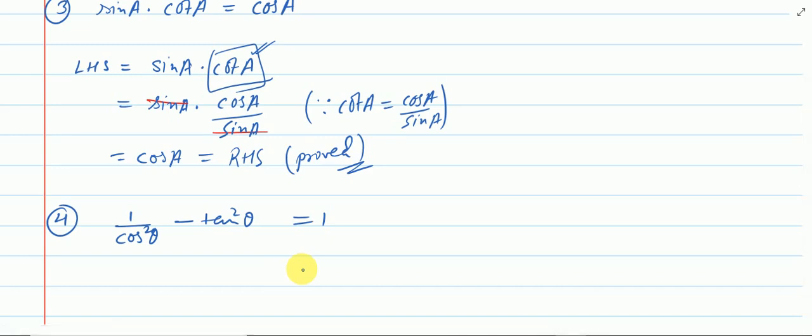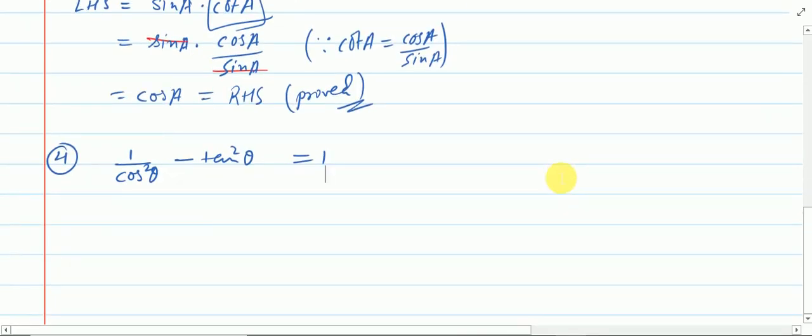It completely depends on you how you're going to make use of those identities to simplify your question and prove it as per the requirement. So it's not necessary that the way I'm doing it is the only way of doing it. You may do it in another way also, but at the end you should be able to show whatever is required, and you should be able to make proper use of the identity. So don't think that there is only one way of doing it.